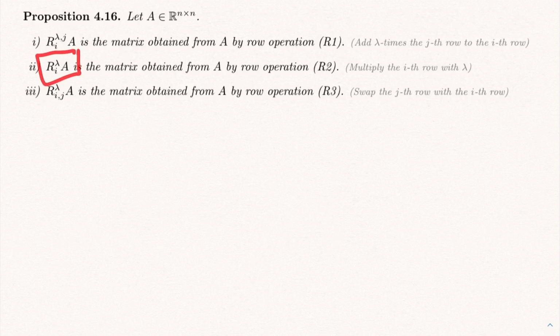And the second statement is if I apply the second elementary matrix R lambda I to A, what I get is the matrix which comes from using the row operation R2, which just meant multiplying the ith row with lambda.